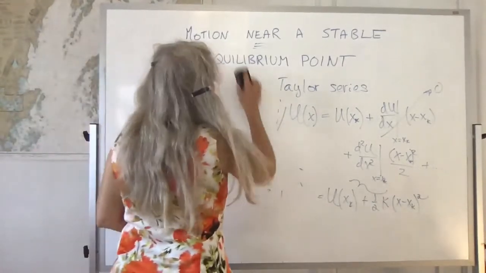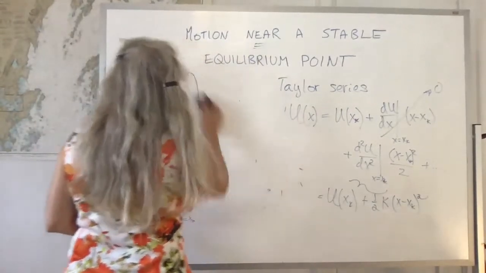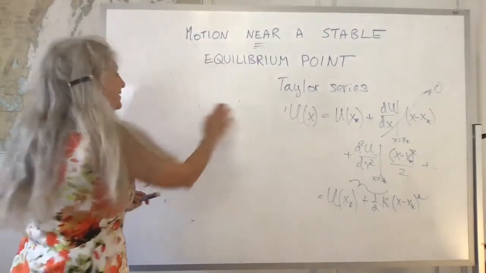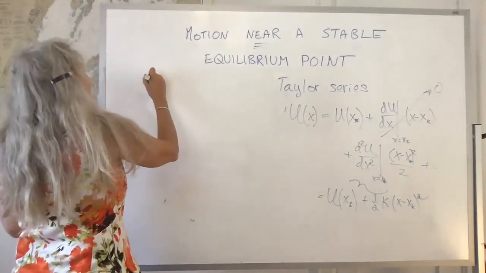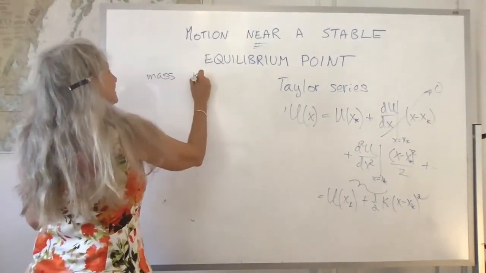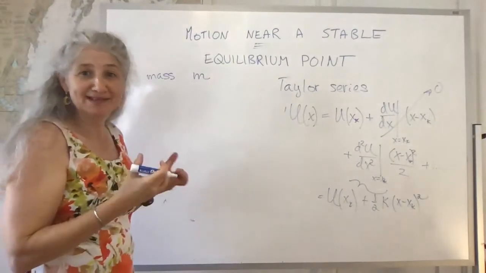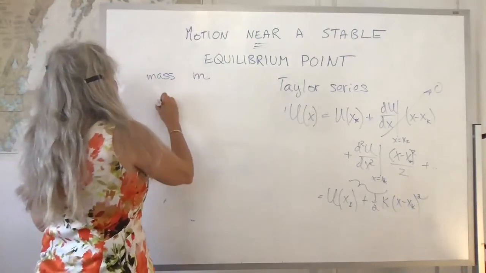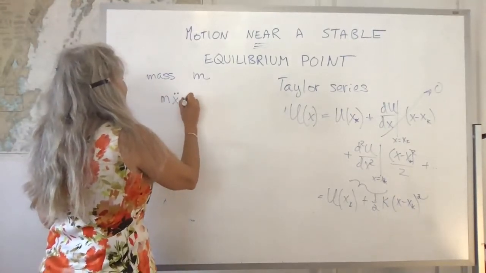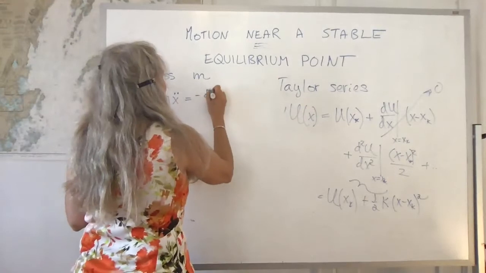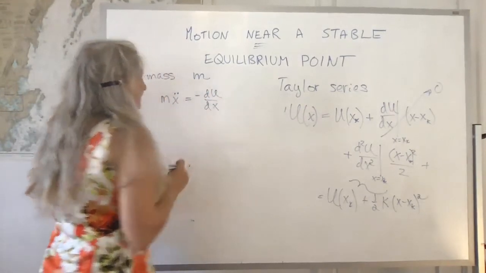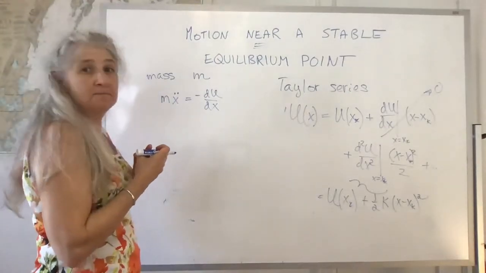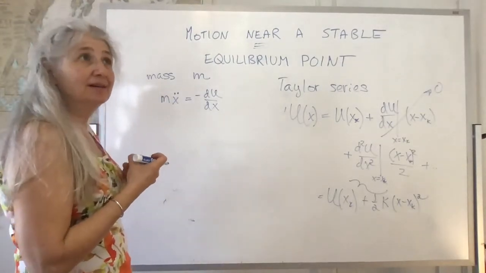the motion? Remember, let's talk about motion near an equilibrium point. So if I have a mass m, and I want to know what the motion is like near this equilibrium point, then I can have m x double dot equal to minus dU/dx. It might be convenient for us to transfer coordinate systems.